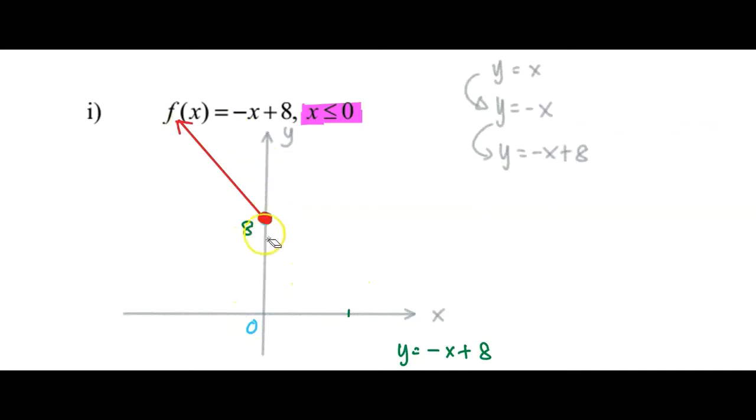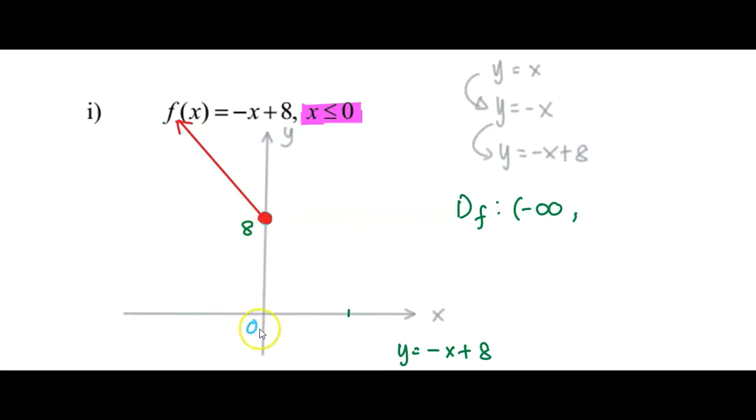So this is the graph that we want, and now I'm going to find the domain and the range by looking at this graph. To get the domain, look at the point which is closest to the left. What is the value of x for this point?